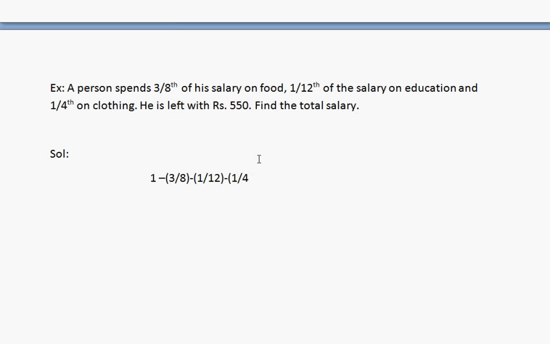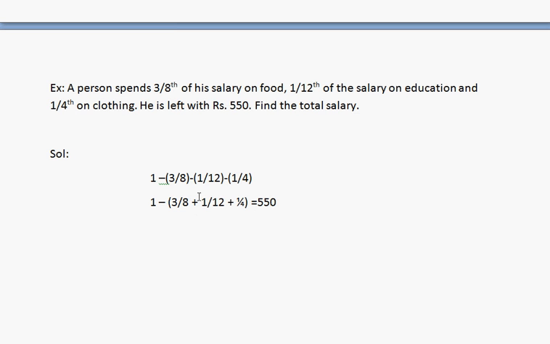This is what he is left with. We can simplify it: 1 minus, 3/8 plus 1/12 plus 1/4, right? This is what he is left with, and this is equal to 550, right?